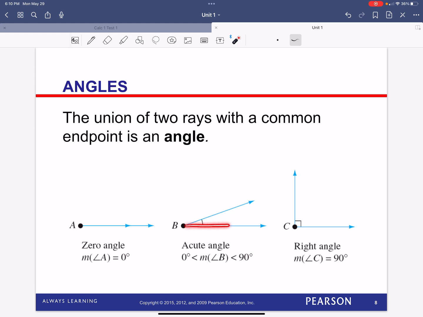An acute angle is an angle that is less than 90 degrees. So here are some more of those vocabulary words. A right angle is exactly 90 degrees. These are your different angles that you can look at.